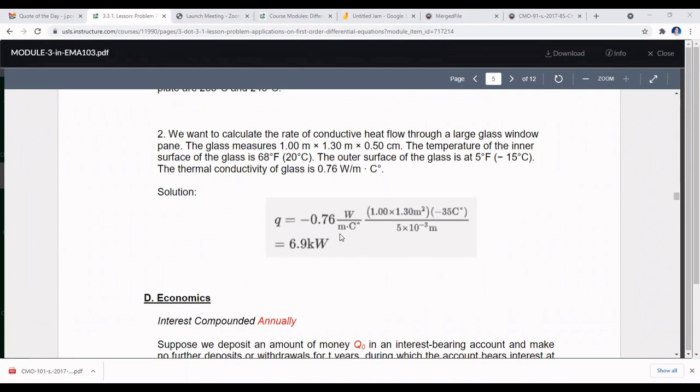What is new about this particular sample problem is you have to determine the area, the cross-sectional area. It's the length times the width. So that's the area that was used here. I leave this to you as part of your reading assignments.